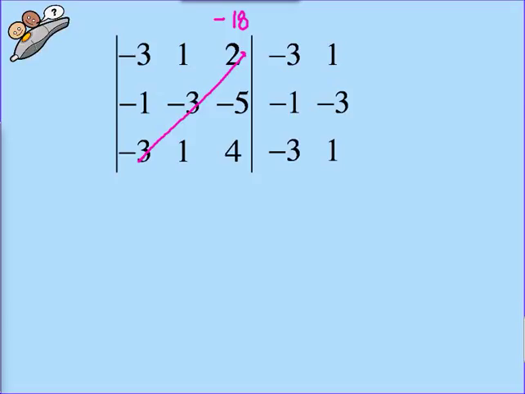Now, did you get that figured out? Yeah. Good. 8 times 3 is 9 times 2 is 18.